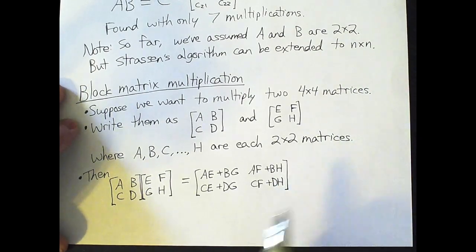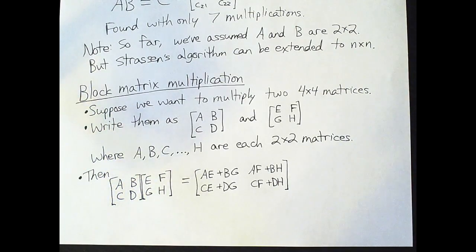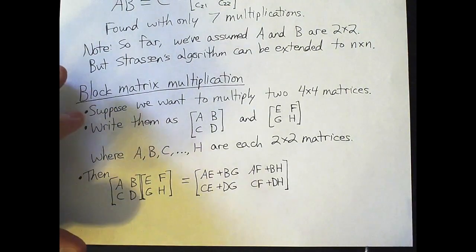This is probably not how we would multiply 4 by 4 matrices by hand. Like if we were going to just do it by hand, we'd use the standard method maybe. But remember, I'm just using this to illustrate the concept. This could actually be extended to much larger cases as well.